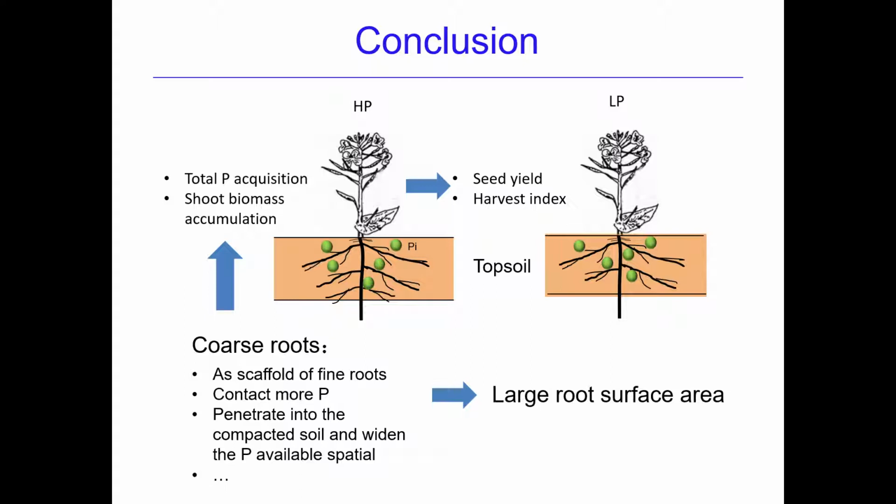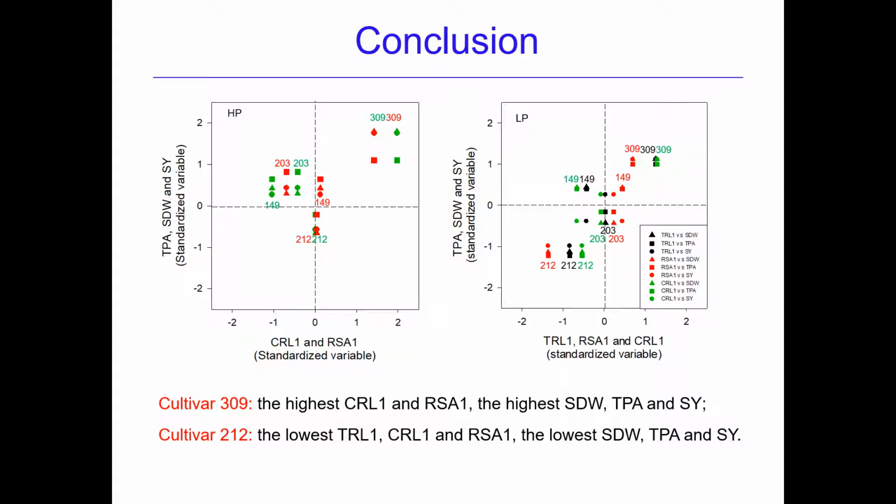The more coarse root will improve the total P acquisition and shoot biomass accumulation, so will have a higher seed yield and in the end a higher harvest index. This model is based on our current results, and maybe needs to be verified in future work.